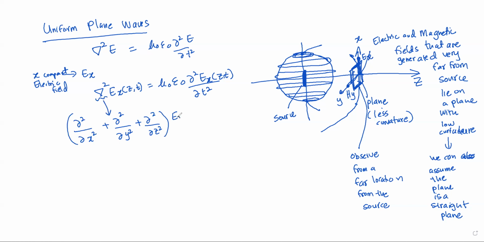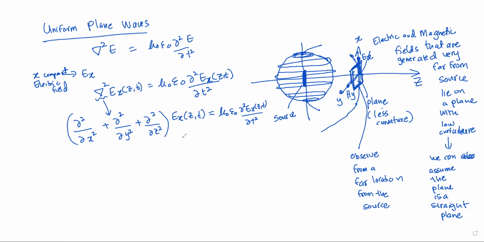And then I can write Ex as a function of z and t, and the other parts are the same.